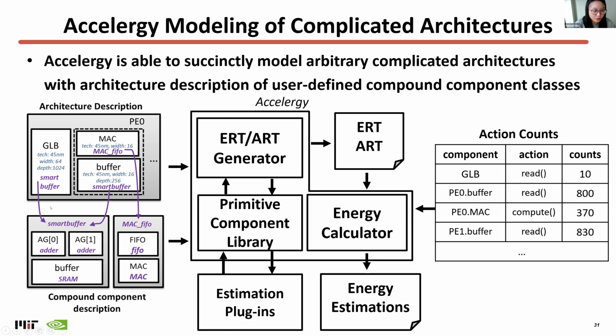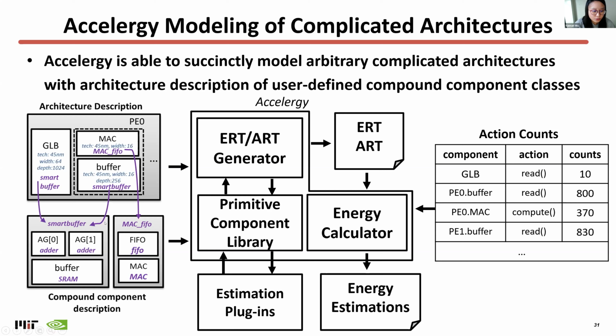So for example, the smart buffer is basically two address generators, which help the storage unit generate the stream of read and write accesses, and the SRAM storage unit. So it's not only a storage unit anymore. And for the MAC FIFO, again, we have not only the MAC, we also have a FIFO channel to send out the output to the other parts of the architecture.